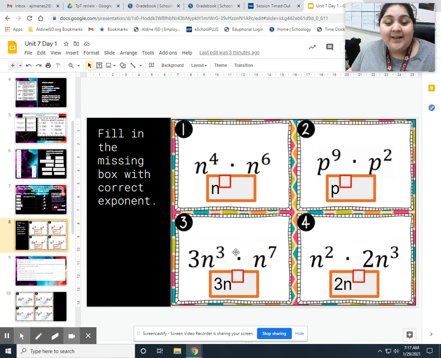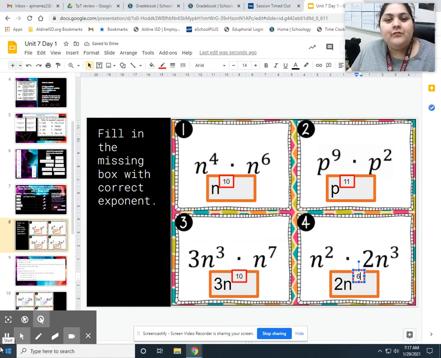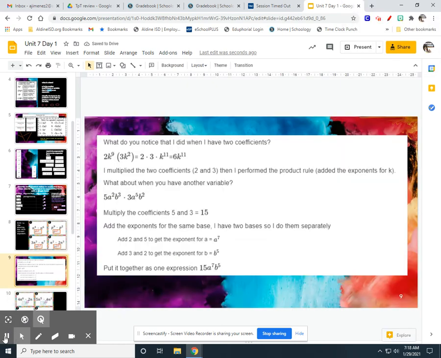We're just going to add the exponents. 3 plus 7. And over here, you're going to bring the 2 down because there's nothing else in front of this first n. And you're going to add the exponents because you're adding the ones that are the same base. Okay, so remember, add. I'm going to pause it here and then come back and you'll see the numbers. All right, here you go. All we did was just add. All right, so let's go to the next slide and read what's going on there.